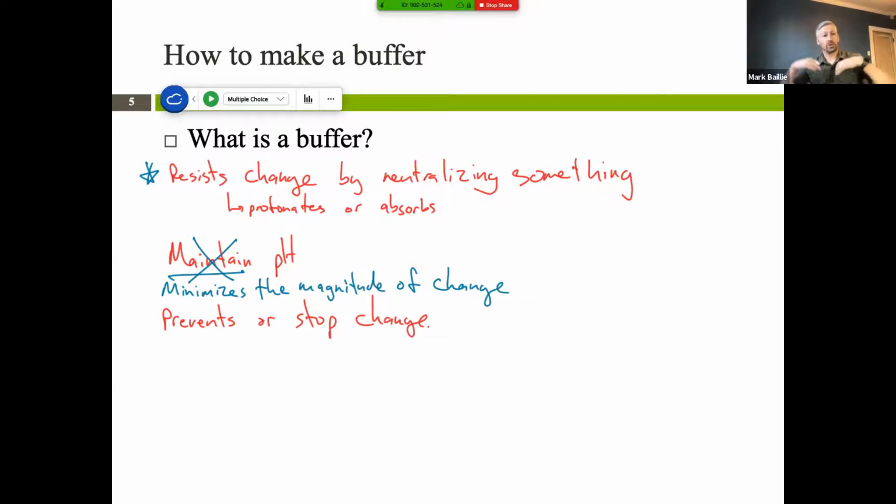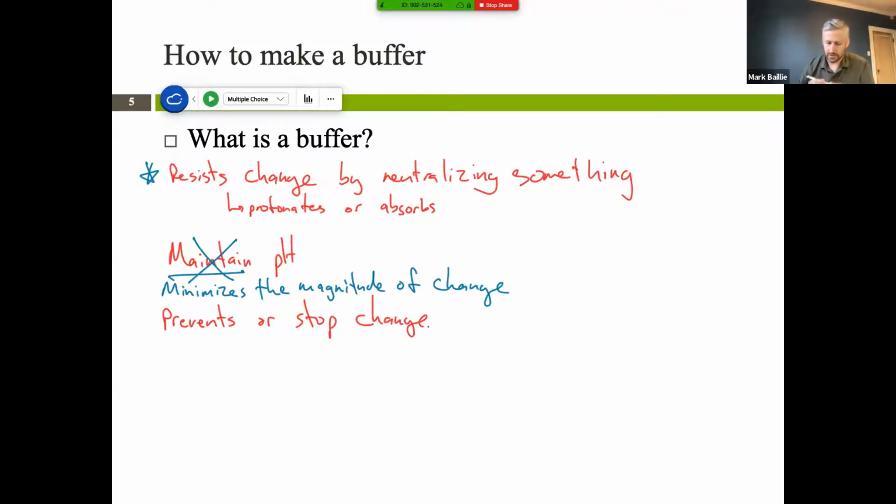So it takes something that would have been a really big change and makes it a smaller change. It still changes. We can't stop it from changing. That's not what a buffer does. A lot of people have the misconception that a buffer stops all change and just makes things stable, and that is not the case. So we're going to talk about exactly how that happens.